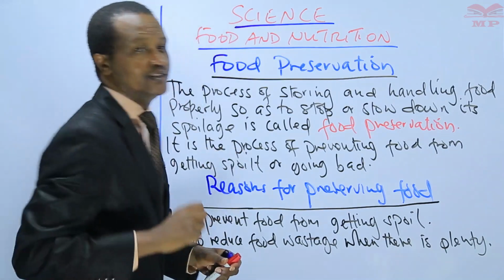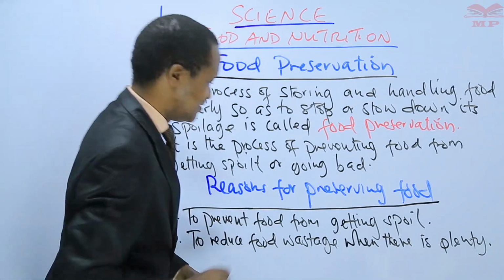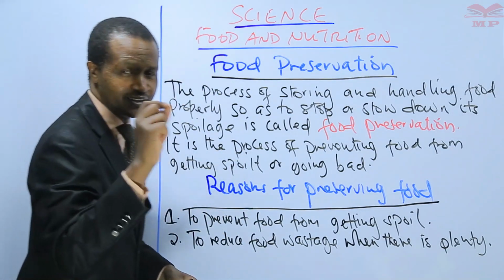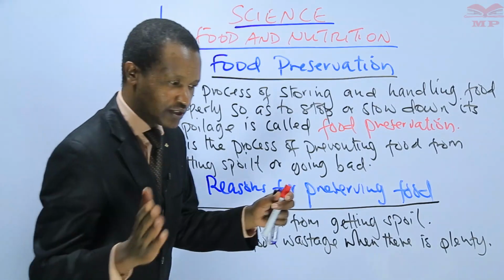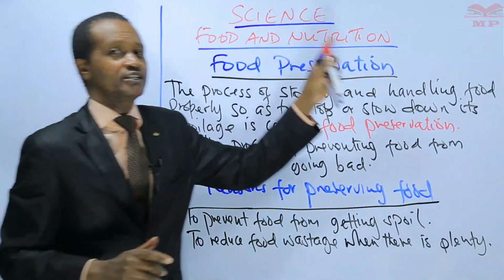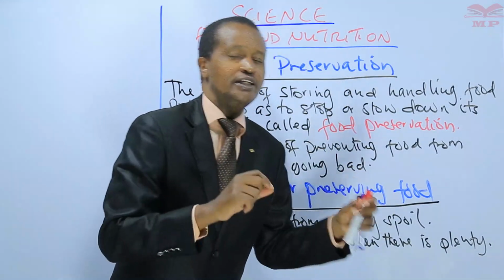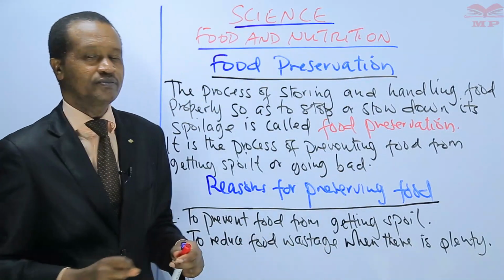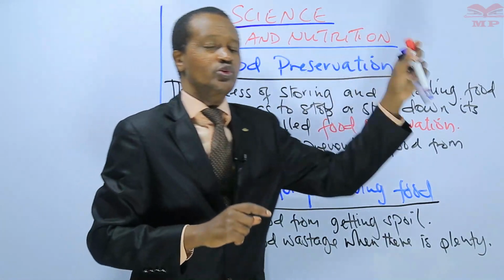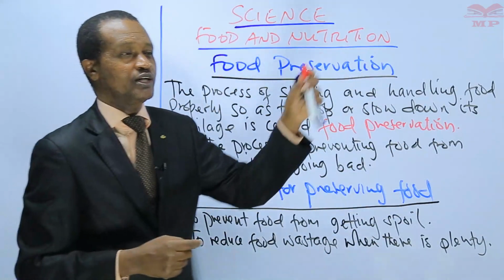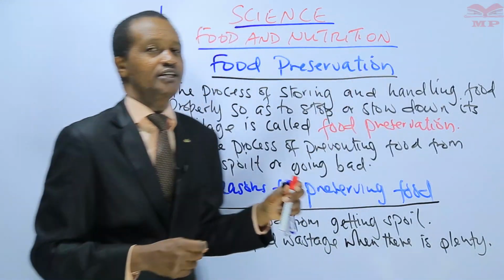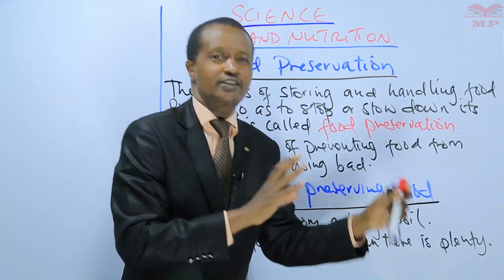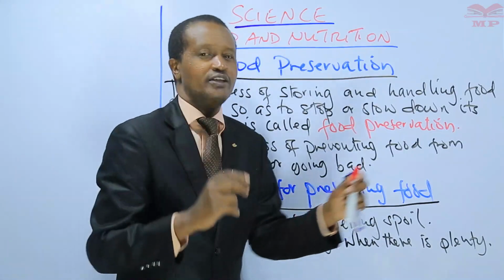Learners. Okay? I think I've said a point. Those of you who live in rural areas, I think you understand this point much more easily. Because I was born in a rural area and I grew up in a rural area. Learners, we used to harvest maize twice a year, okay?